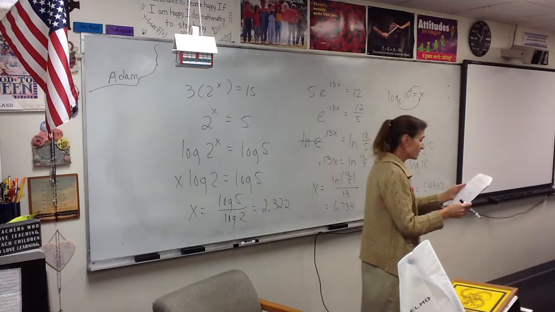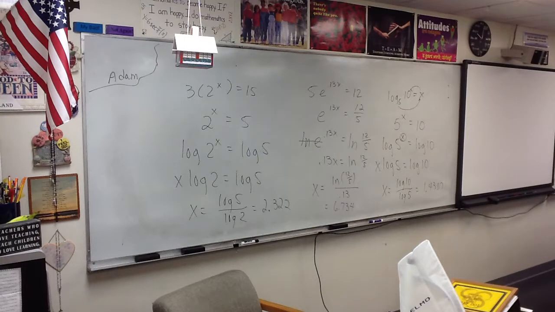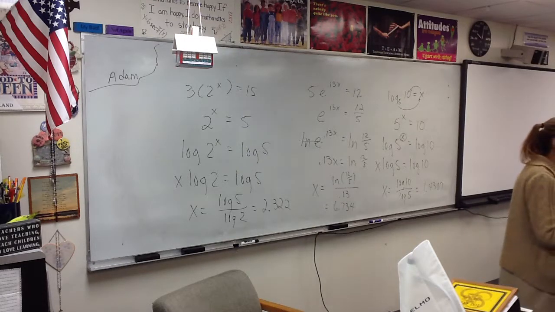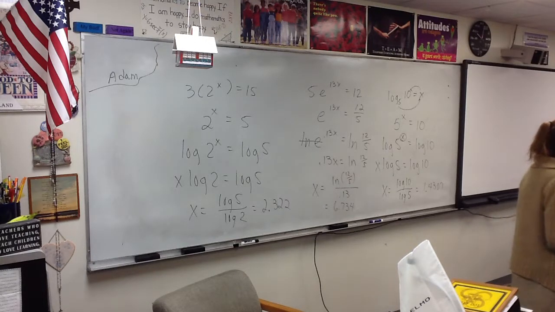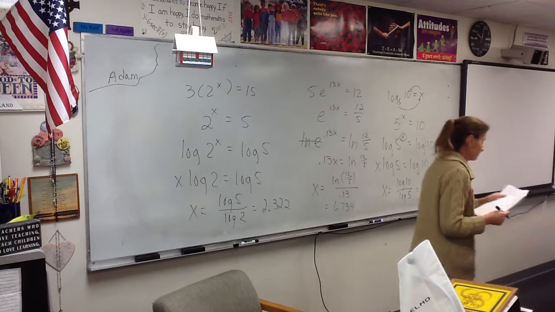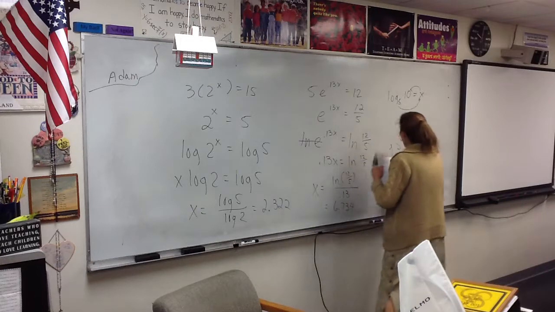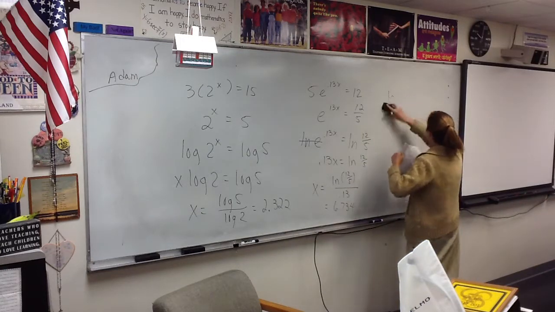Okay, let's go back to the no calculator part. At the beginning, we'll just start on page 1. We're going to crank through as much as we can. Don't have much time left. All right, consider this function. Is this a growth or decay problem?